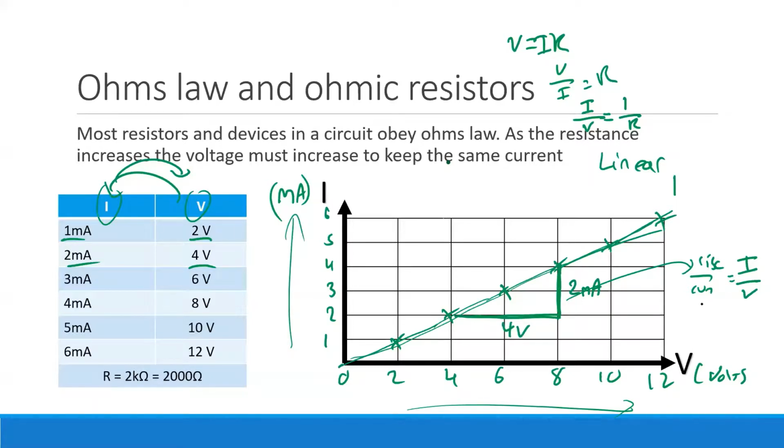So if I go rise over run, and I go a rise of 2 milliamps, so 2 milliamps is going to be 0.002 amps divided by 4 volts.